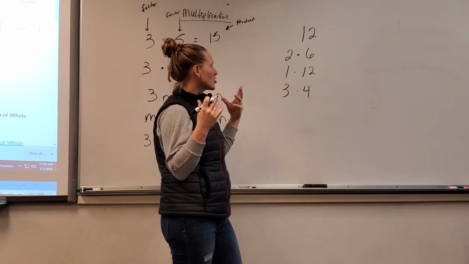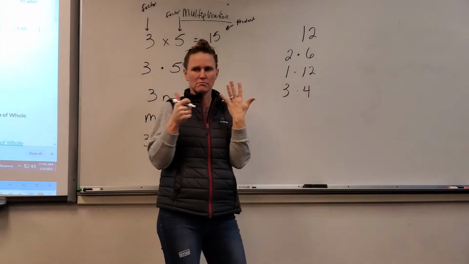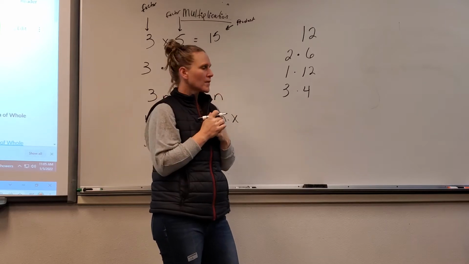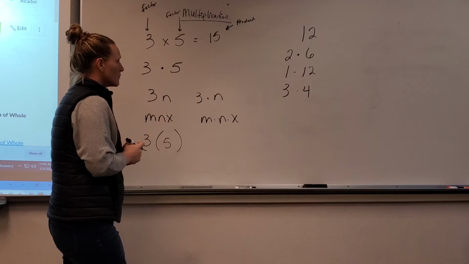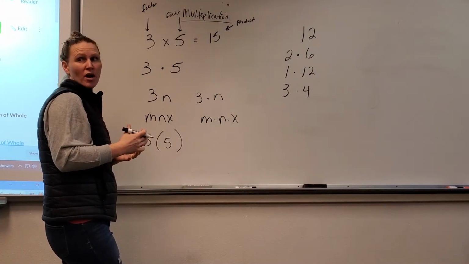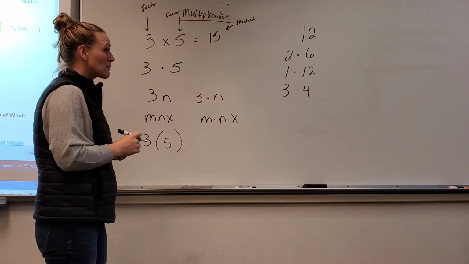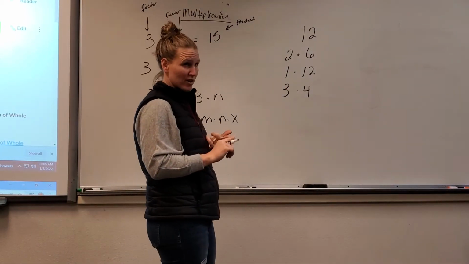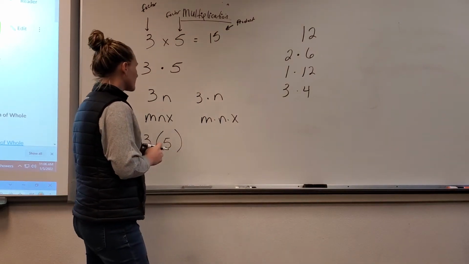So how many factors does 12 have? 6. Yeah. So factors are numbers that make up a multiplication problem, and then the answer to a multiplication problem is the product. Those are important vocabulary words to know. We'll deal with factors a lot when we talk about fractions, so it's good to grasp that concept now.